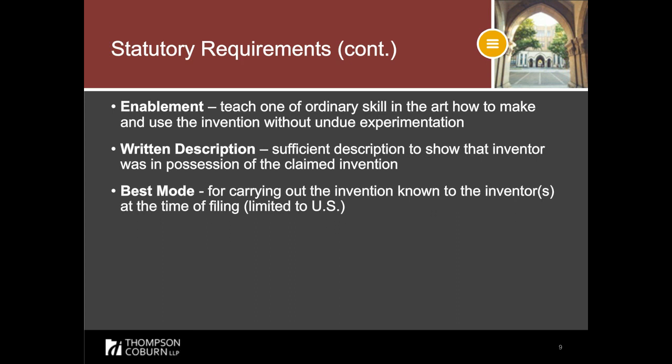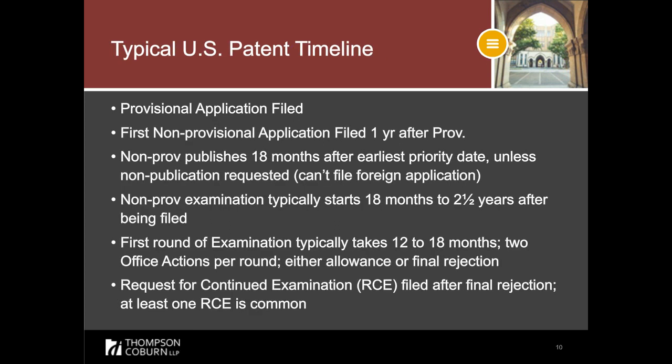The typical timeline is you file your provisional application, then you have a year to file your non-provisional, and that non-provisional will publish in about 18 months. And it typically takes 18 months to 2.5 years to get your examination started.